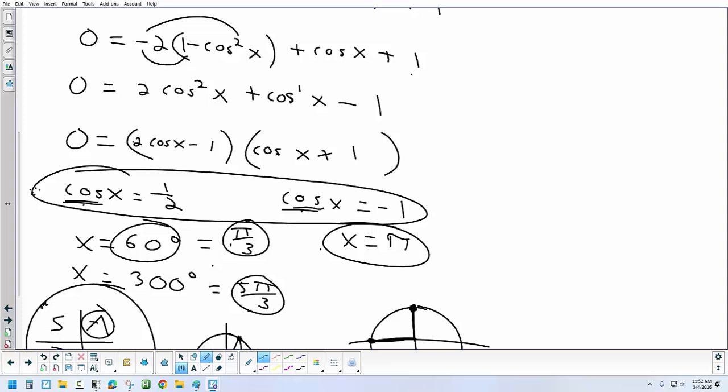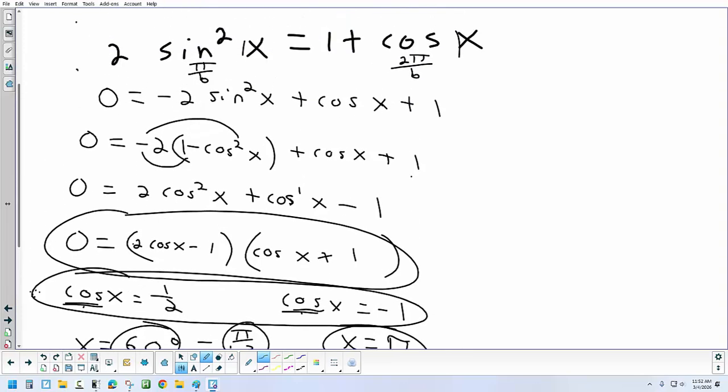The next set of questions in the homework are going to start you at this step. They're going to have already done the setting it equal to 0, the distributive property, Pythagorean identity, and the factoring. You just have to take each factor, set it equal to 0, and then solve. So it's still pretty fast when they start you off at this step.